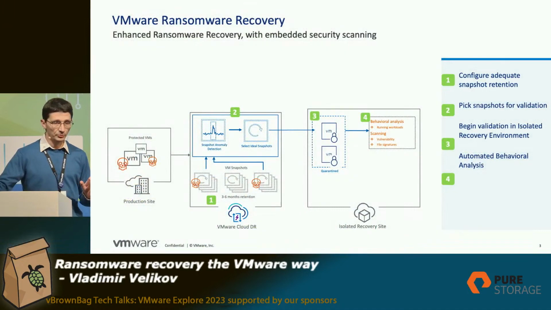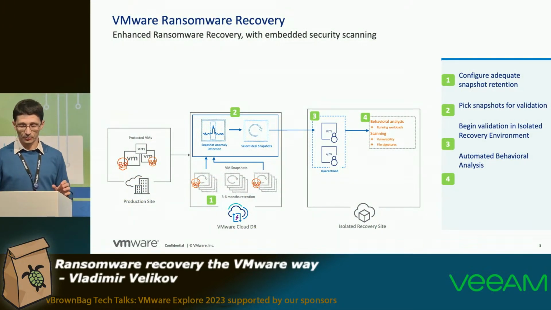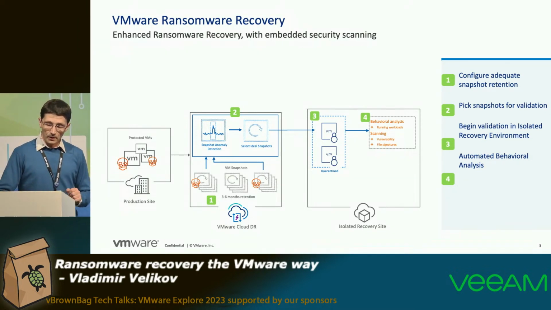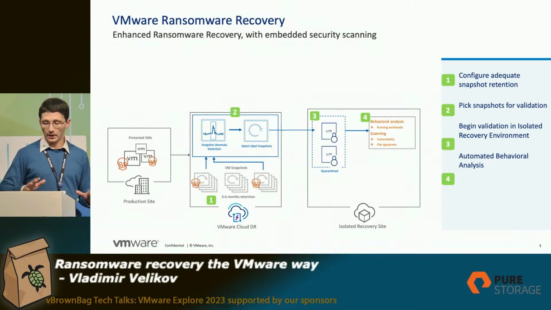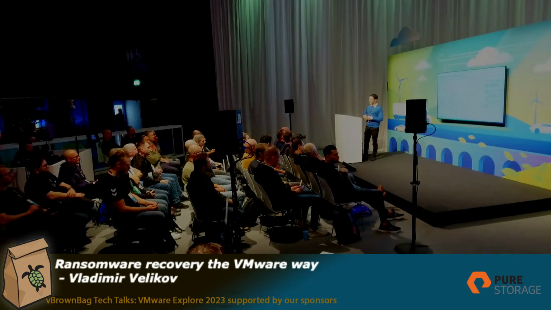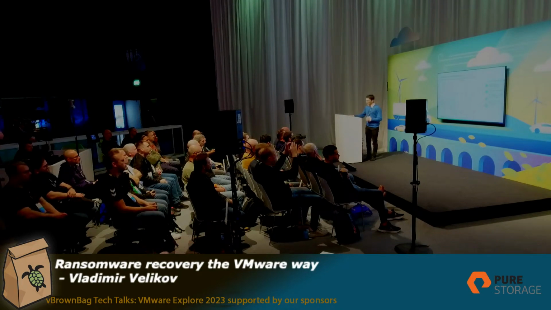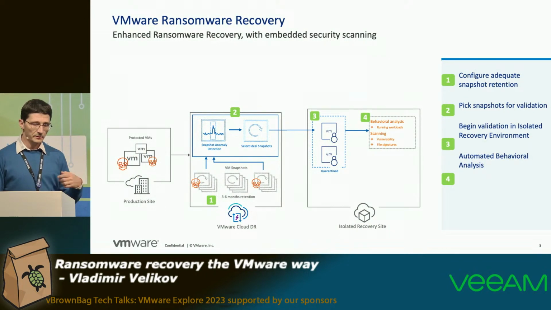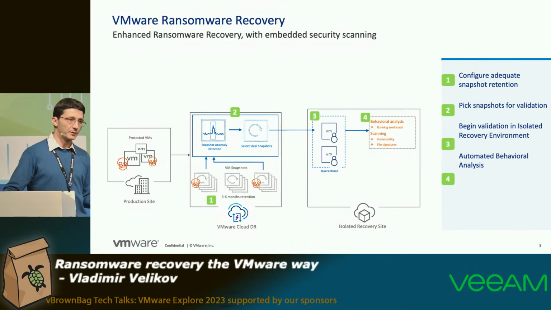VMs are stored in ready to mount mode, so we call this live mounting. So they are live mounted onto the IRE in quarantined mode. It means that no network is allowed, they cannot talk between each other, they cannot talk to the IRE, they cannot talk outside. So at this stage, there are some Carbon Black vulnerability scanning, also certain file system checks.